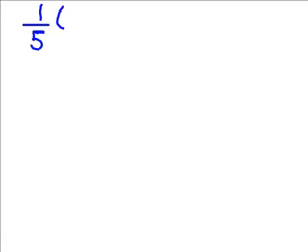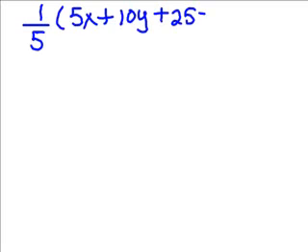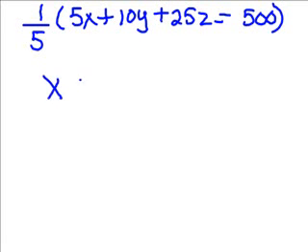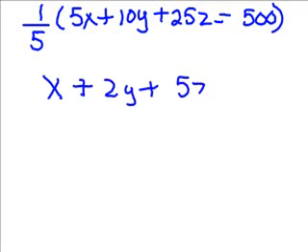That was 5x plus 10y plus 25z equal to 500, and when I divide everything by 5, I end up with x plus 2y plus 5z equal to 100.